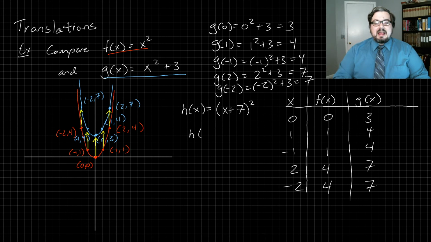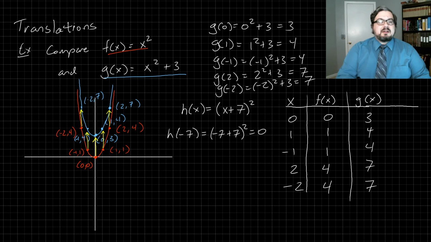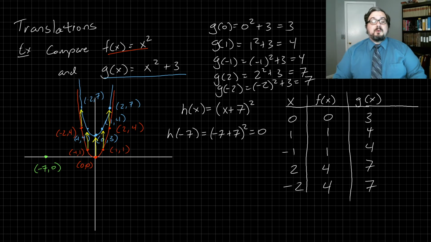We have that h of negative 7 is equal to negative 7 plus 7 squared, which is 0. So that tells us that h will be in green now. This tells us that h of negative 7 is 0, which means that the point negative 7, comma 0 appears on the graph of h.